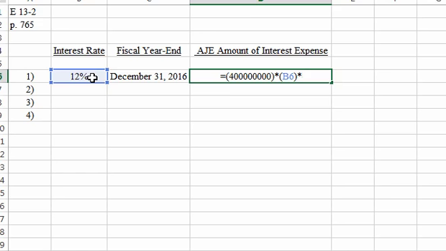Well, that's going to be 6 months. You can multiply by 0.5, or your book does 6 over 12. Either way would work, of course.